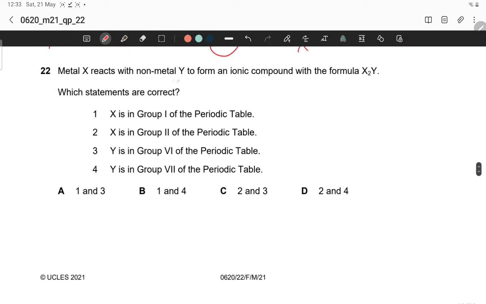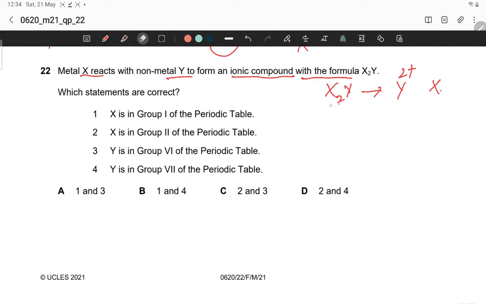Metal X reacts with non-metal Y to form an ionic compound. X reacts with non-metal with the formula X2Y. We know when formula is formed, charges are cross multiplied. So by looking at X2Y, it means Y carrying 2 and X carrying 1.